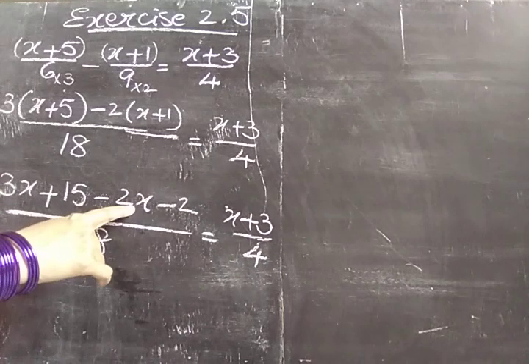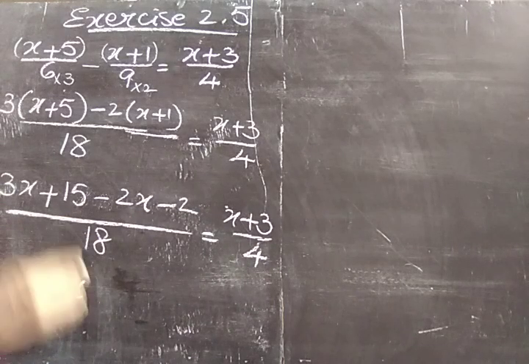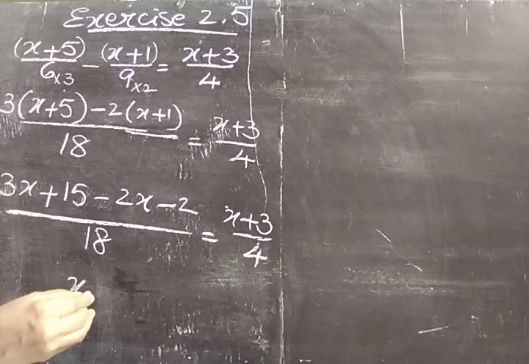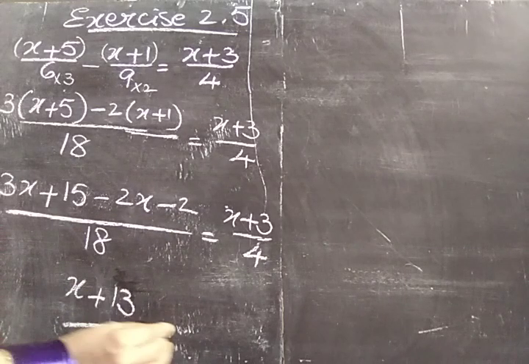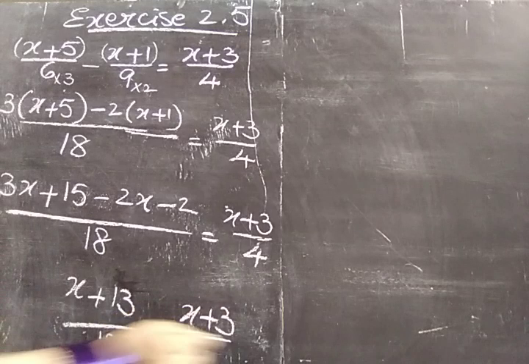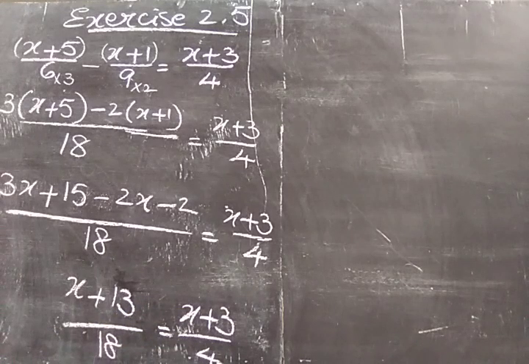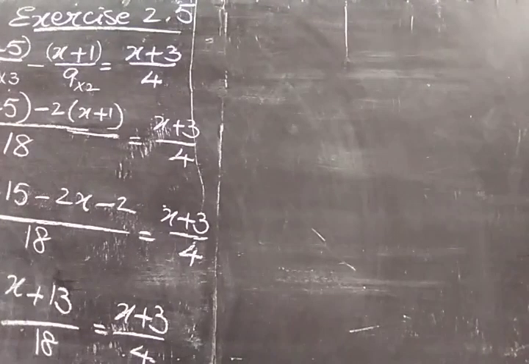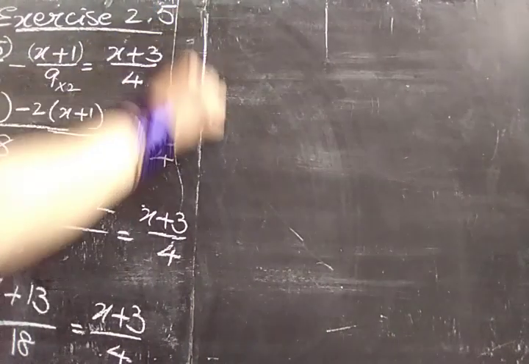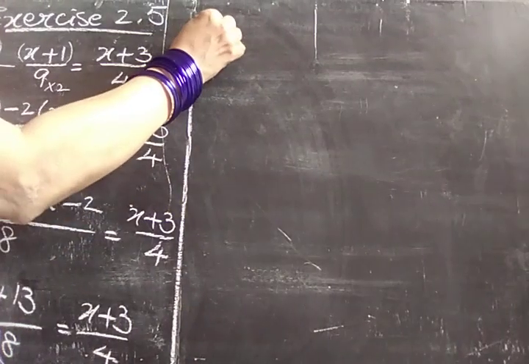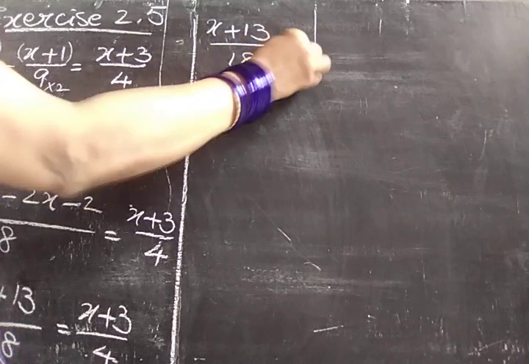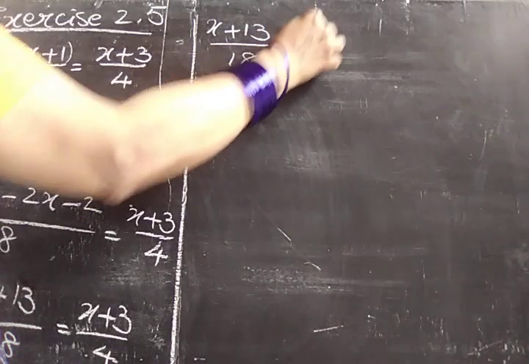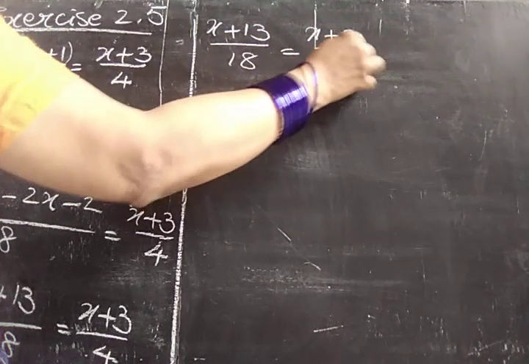Okay, 3x minus 2x, x, plus 15 minus 2, plus 13 by 18 is equal to (x + 3)/4. Okay, now this one how to solve, yesterday we learned, na? So like that, (x + 13)/18 is equal to (x + 3)/4.